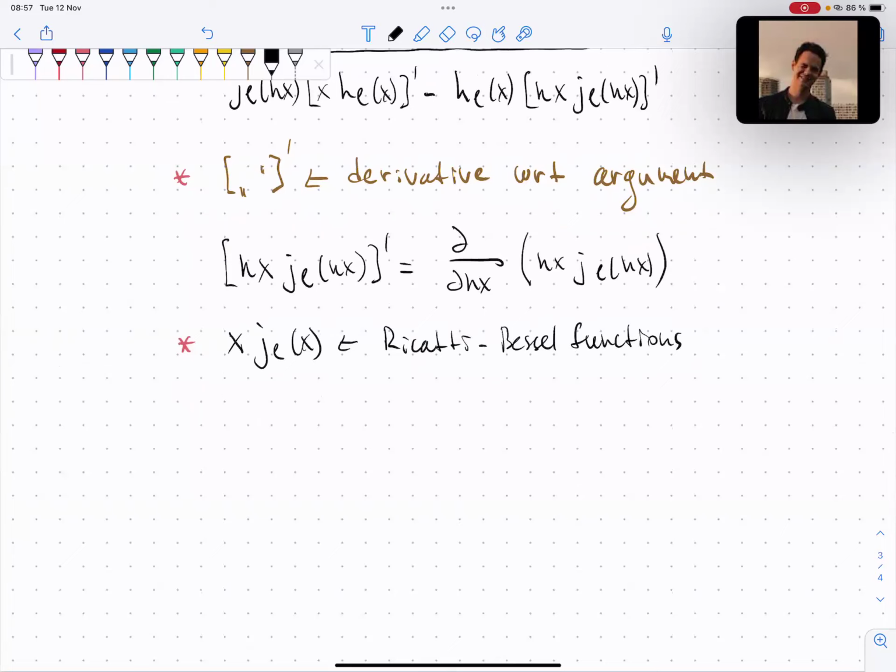You can find the same with Hankel functions and Neumann functions and so forth, but it's not so important at the moment.